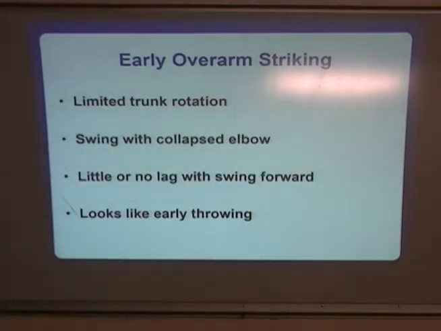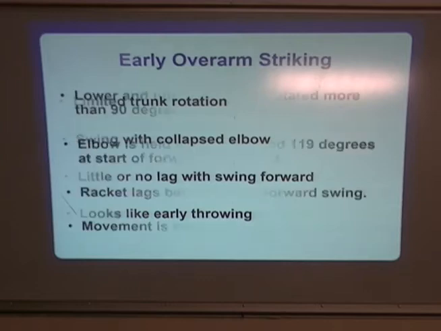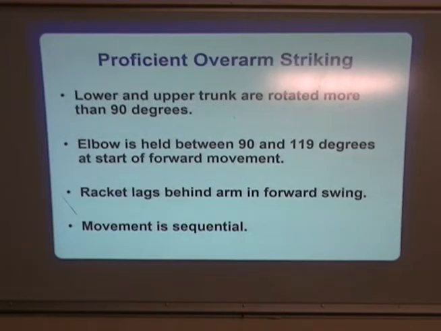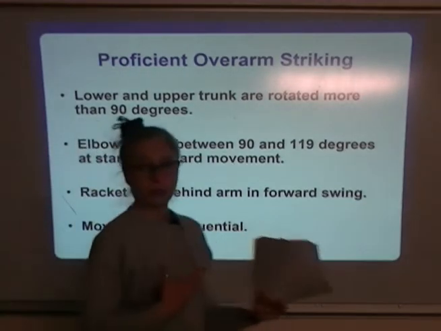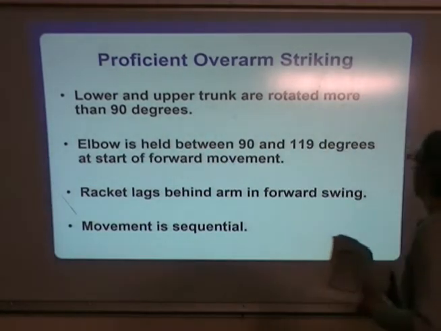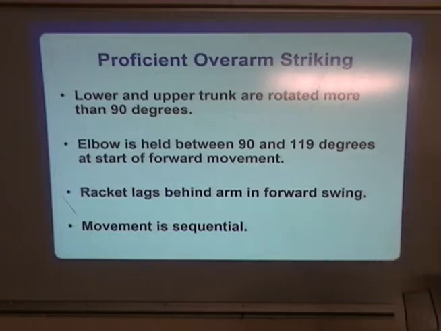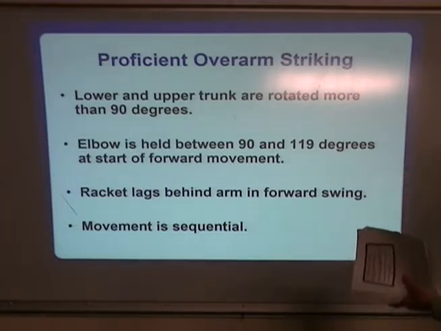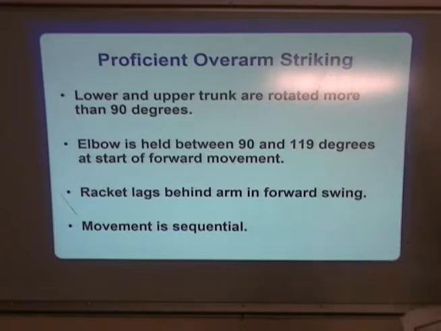With more practice, more experience, we become more competent at the skill. We start to see rotation of the trunk. We'll have a slightly more extended arm as we begin to swing it forwards. And then as we make contact, everything is going to be as stretched and long as possible.